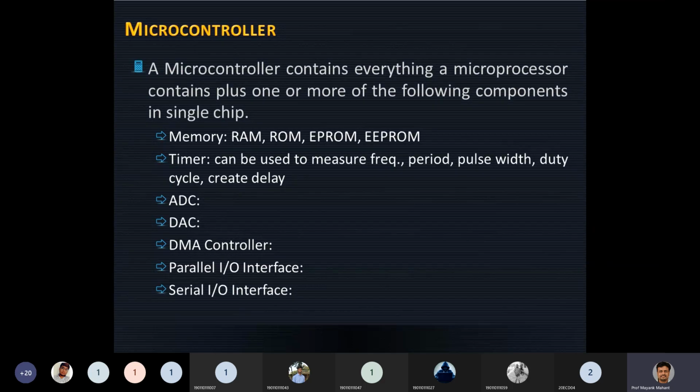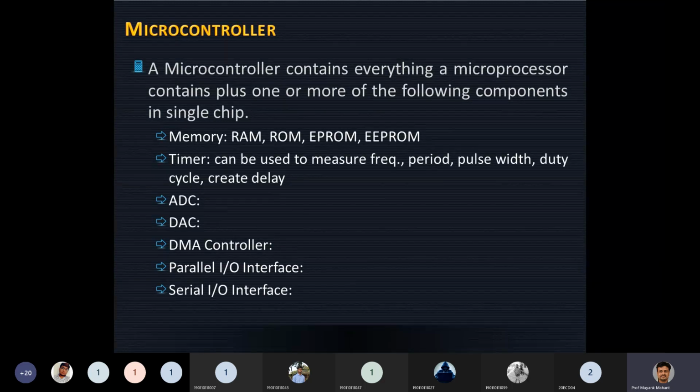The extra thing which a microprocessor does not have is a timer. A timer can be used to measure frequency, period, pulse width, duty cycle, or create a delay. In the previous lecture we saw that to generate a delay in a microprocessor, the only thing I can do is use a delay loop by executing NOP instructions or a loop, calculating how many machine cycles the loop requires, and iterating the loop to generate a time delay.